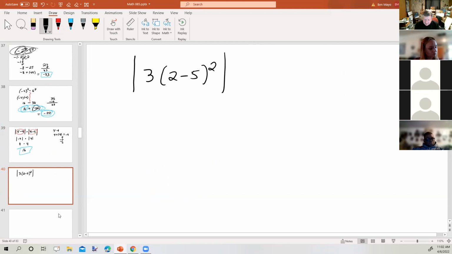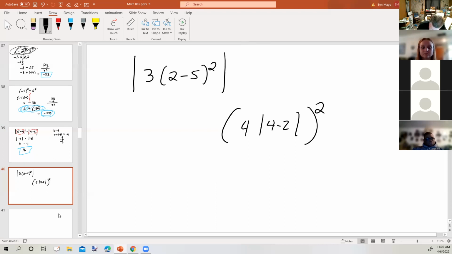In that case, I would do the parentheses first, working my way to the outside. Now let's say I had this. In that case, I would do the absolute value first, working my way from the inside out.